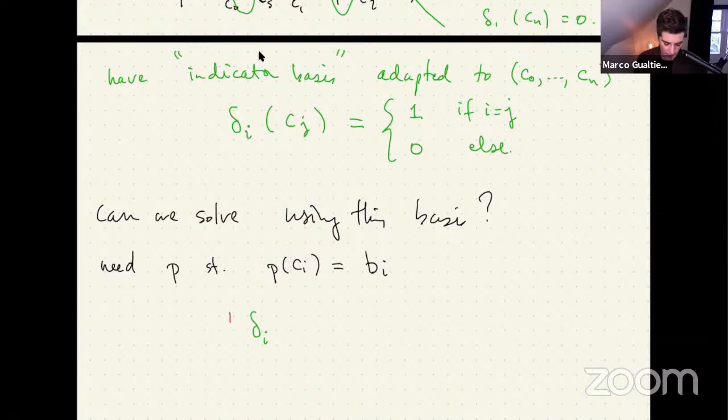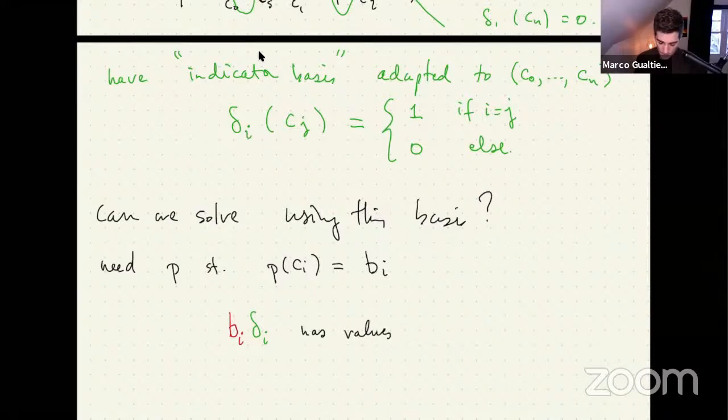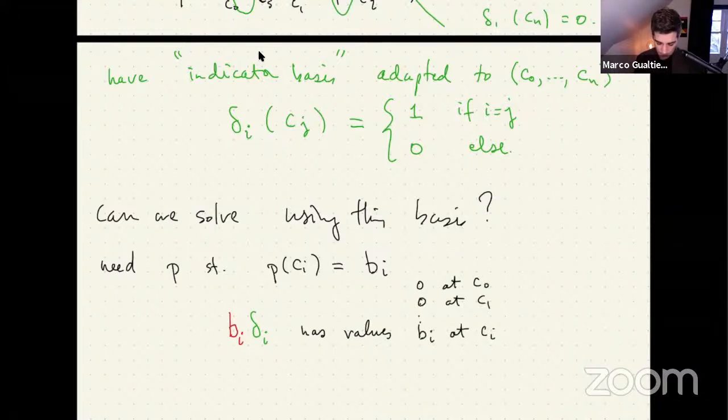So if I multiply delta i by the scalar Bi, then this thing will have the values that I want. So this has value 0 at C0, 0 at C1, but then at Ci, it has value Bi.